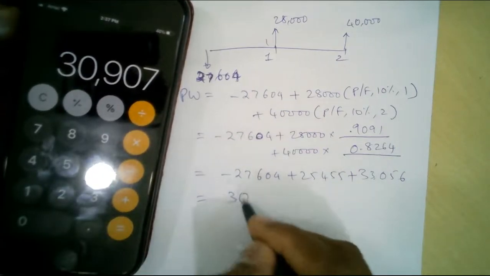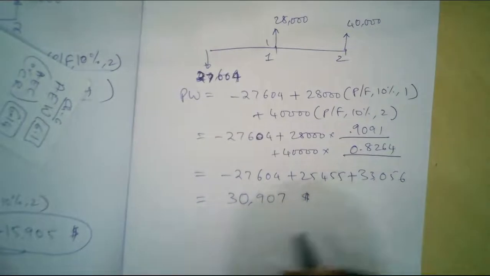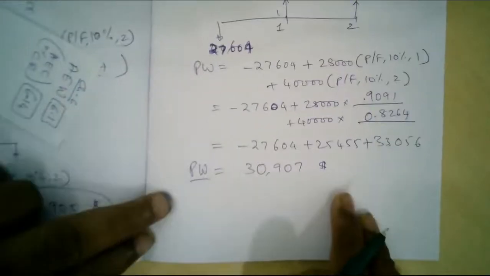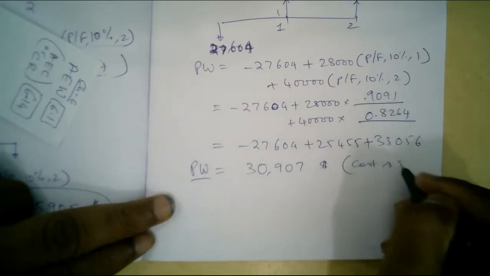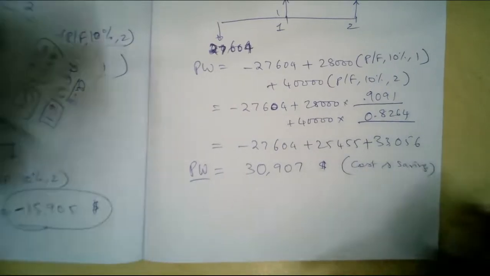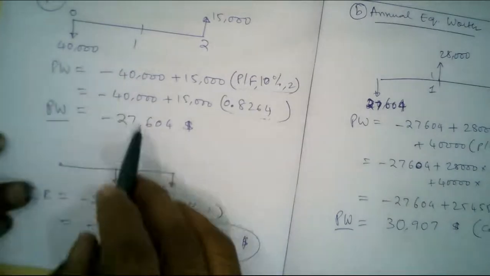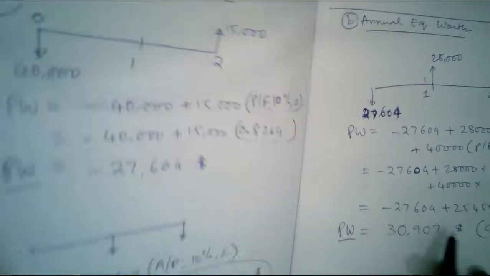So I'm getting $30,907. This is the present worth of the project, considering everything, both cost and savings. Whereas the present worth calculated earlier considered only the cost. So that is the present worth cost.